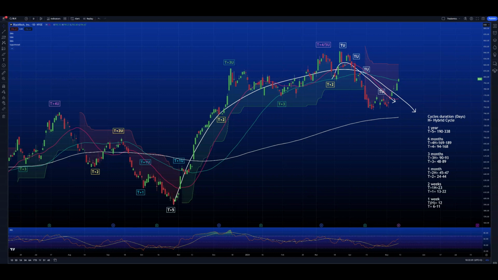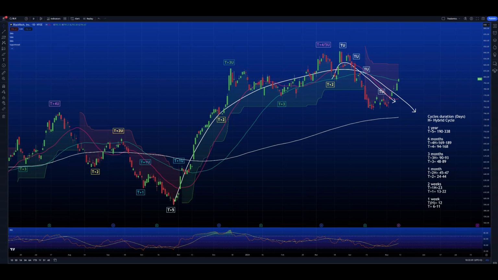So now we might have the evidence to have at least a T plus 3 or even a T plus 4, which means that we're going to have a push to the upside for a duration of at least a month, or between 2 weeks and a month at least. So we can update the chart. Here we can put a T plus 3. This is what we're going to expect, or a T plus 4.